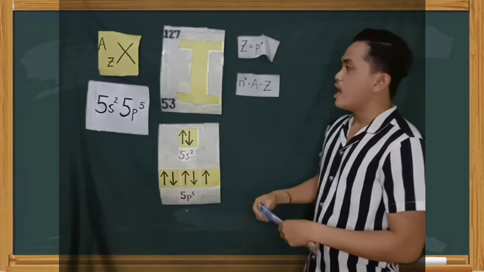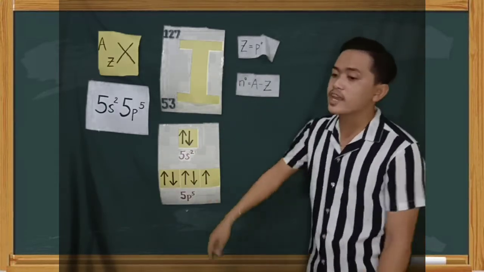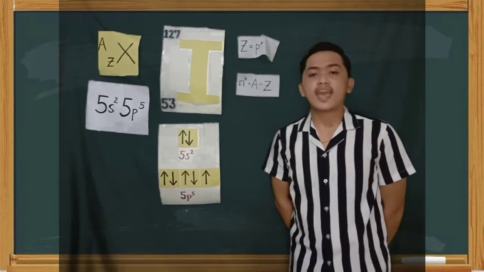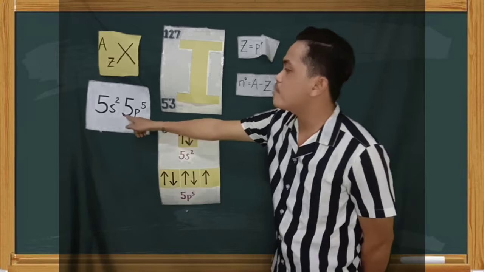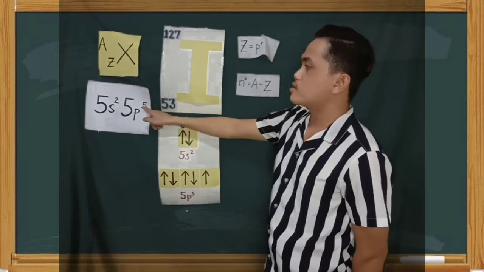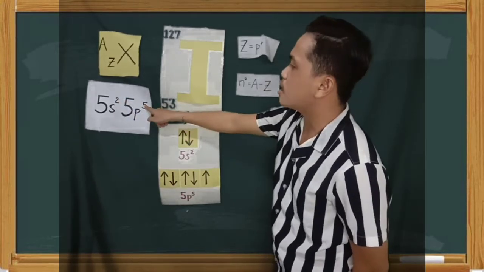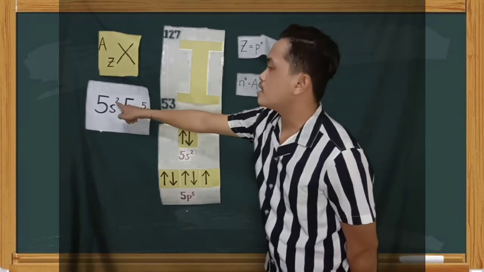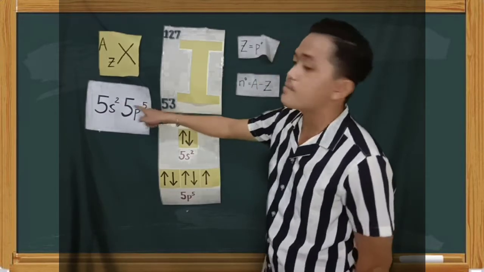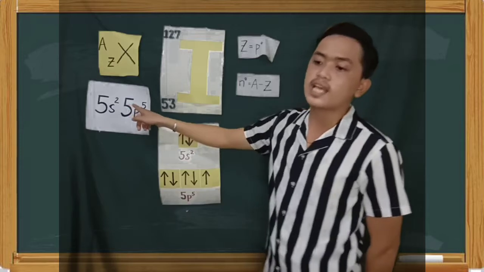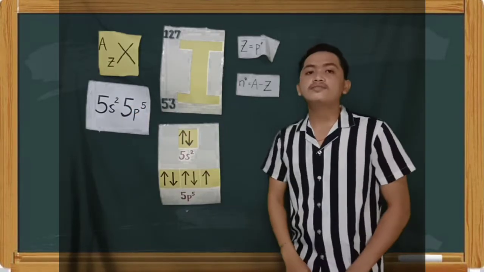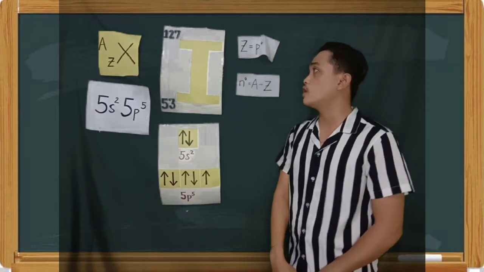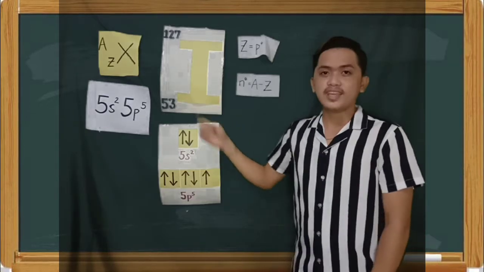Therefore, the valence electron configuration in the highest n is 5s2 and 5p5. If we add these electrons, the number of electrons is 7. So we get 7 valence number. So here is now the valence electron configuration of the element iodine.